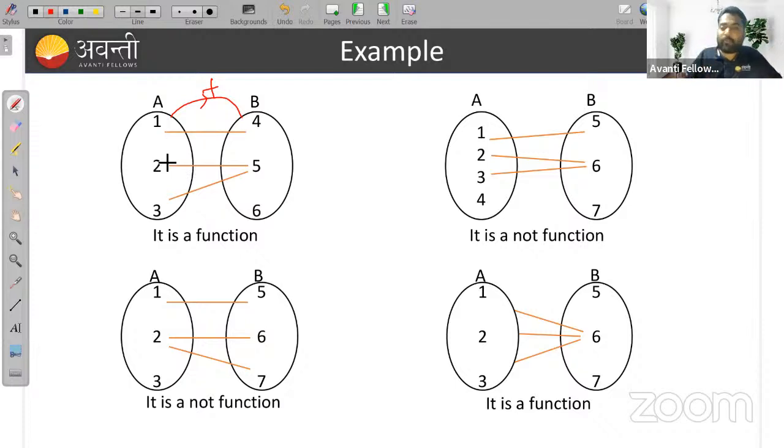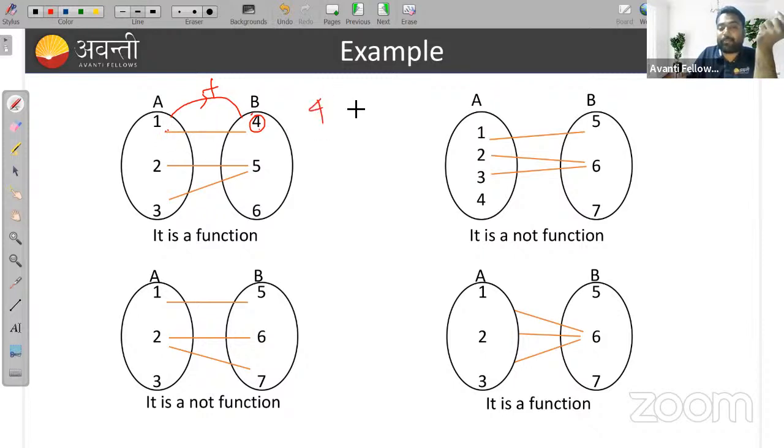So what are the conditions? The elements present in set A must have only one image in set B. Look, the image of 1 is 4, so 1 is related to 4, that means 4 is my image, and 1 can be said the pre-image of 4.